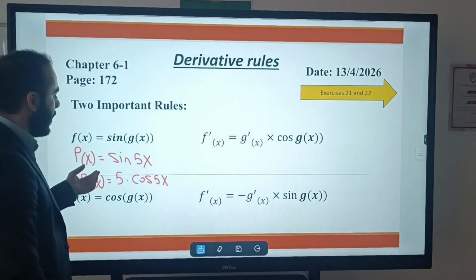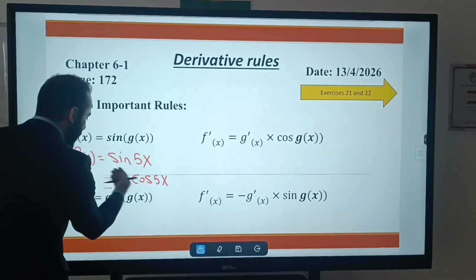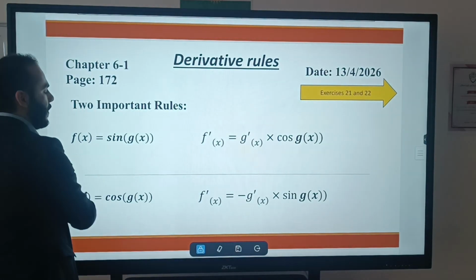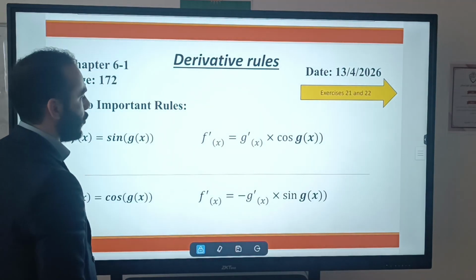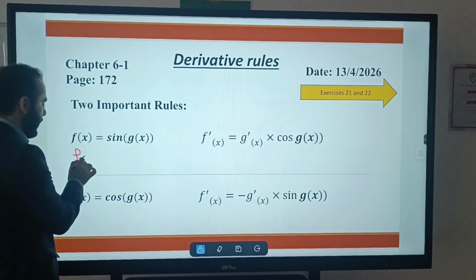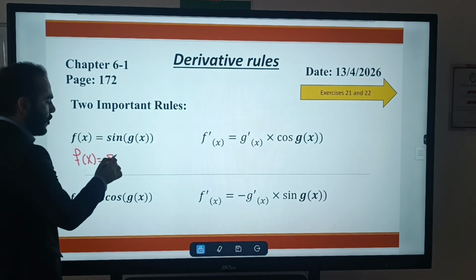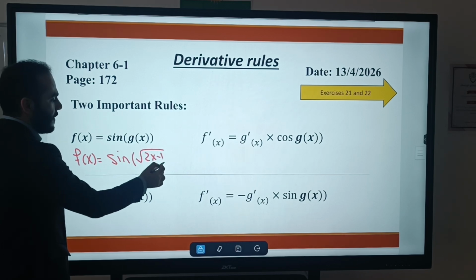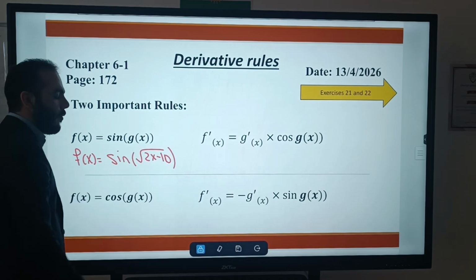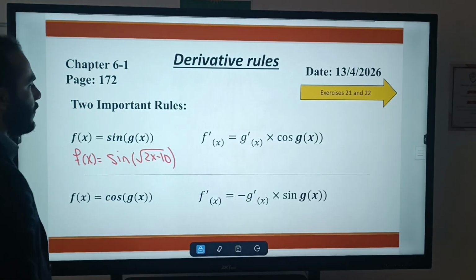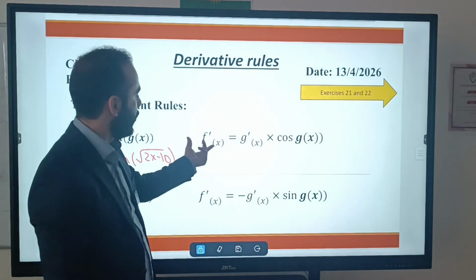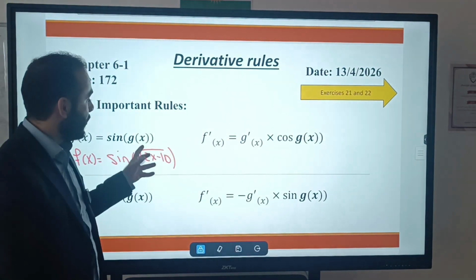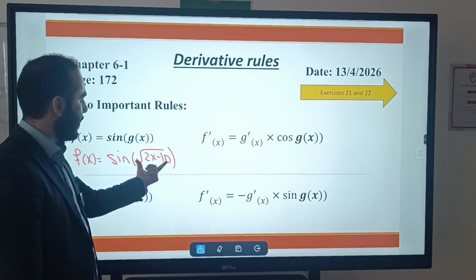But right now, the question is, what if there was a function in the angle of sine and cosine? Imagine f of x equals sine of, let's say, square root of 2x minus 10. To get the derivative of it, we are going to use this formula. Take the derivative of inside this bracket.